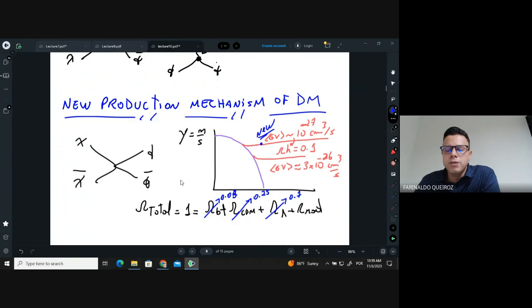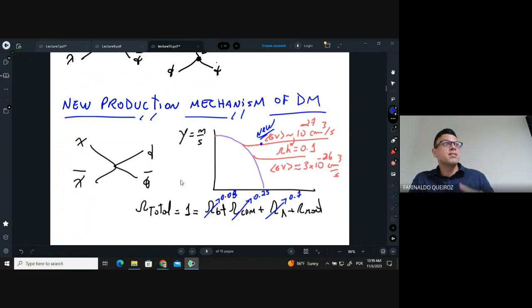What is something new? Well, if there's a particle that dominated the energy budget of the universe, was very heavy, and decayed into light particles, those light particles, because they are light compared to the heavy particle, are relativistic.